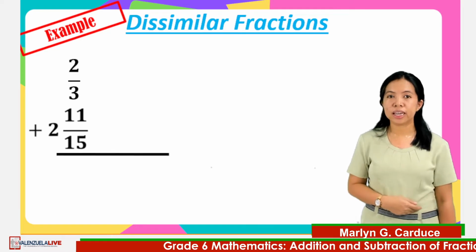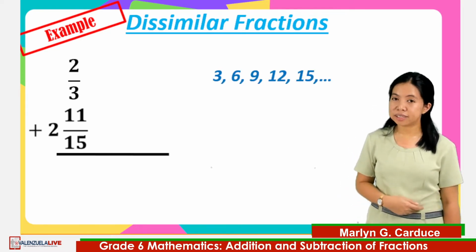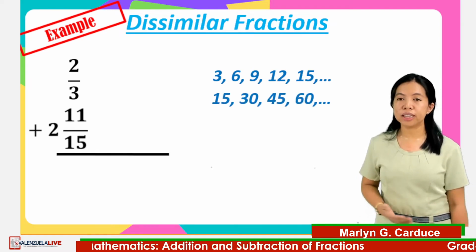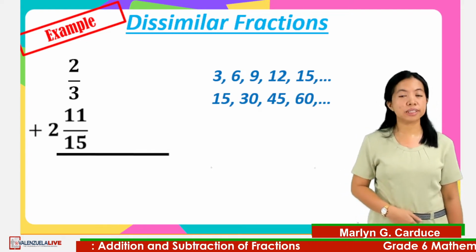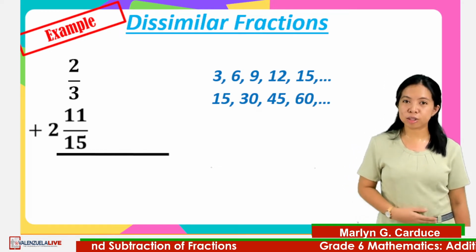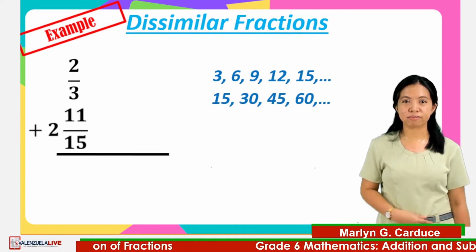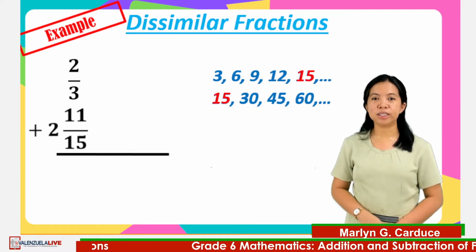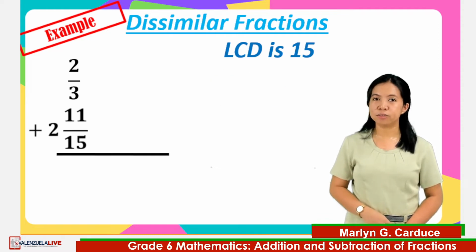For 3, it has multiples of 3, 6, 9, 12, 15, and so on. For 15, it has multiples of 15, 30, 45, 60, and so on. And what do you think is the least common denominator? Okay, very good. It's 15. So our least common denominator now is 15.